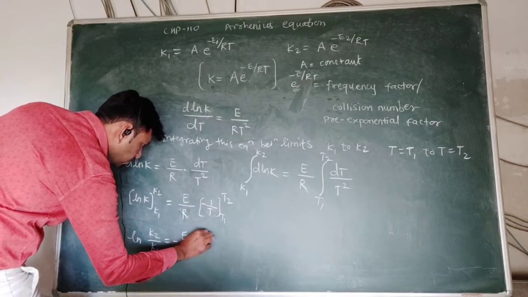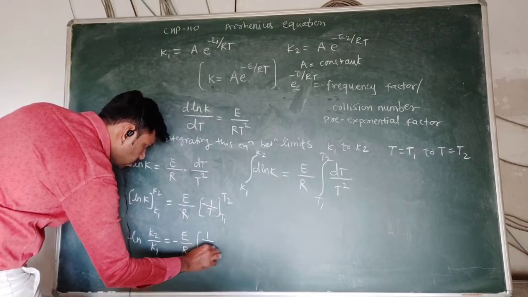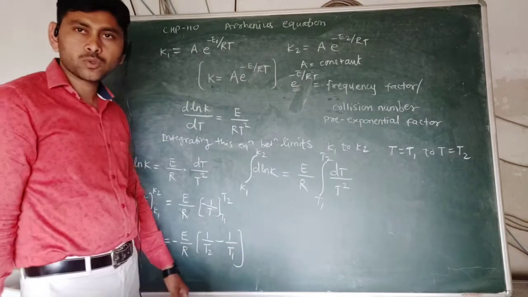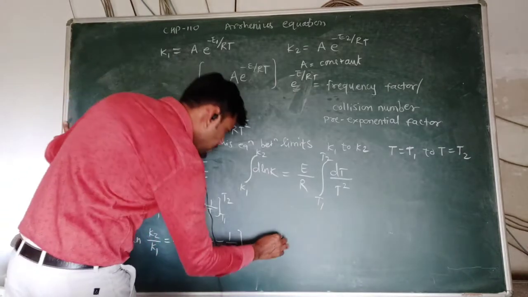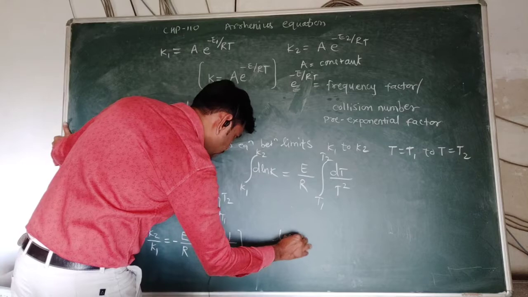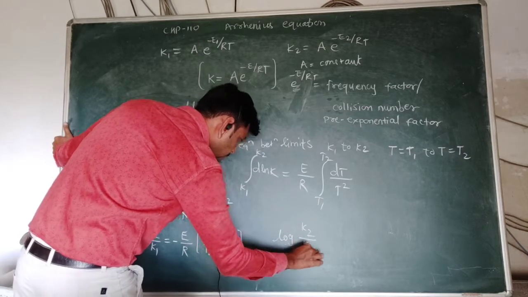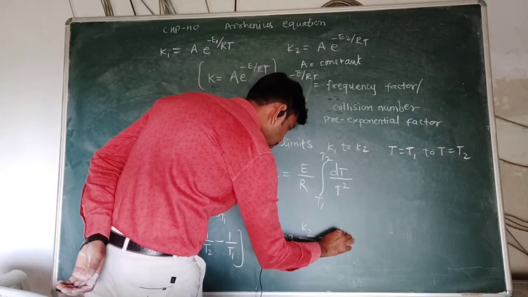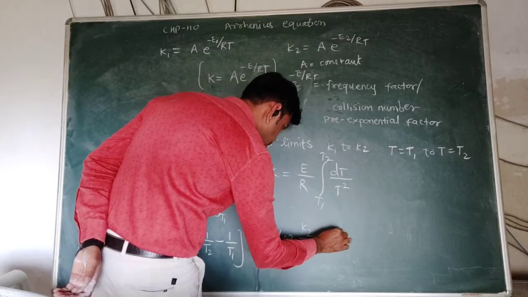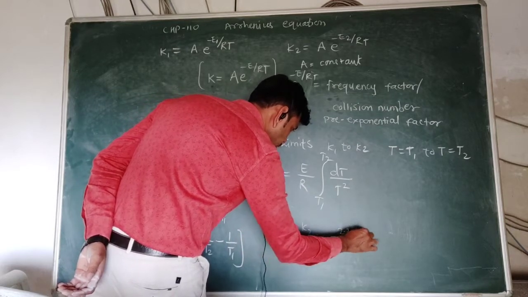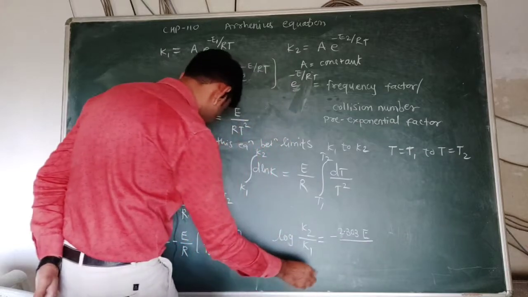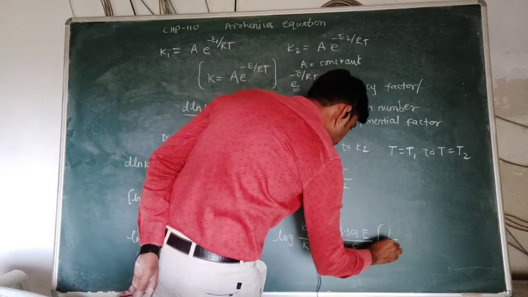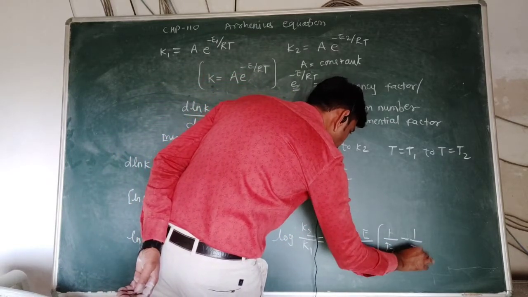into bracket 1 upon T2 minus 1 upon T1, or in the logarithm to the base 10 format, we can write log of k2 upon k1 equal to minus E upon 2.303 R into bracket 1 upon T2 minus 1 upon T1.